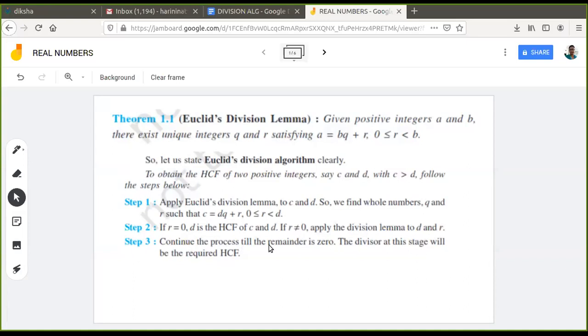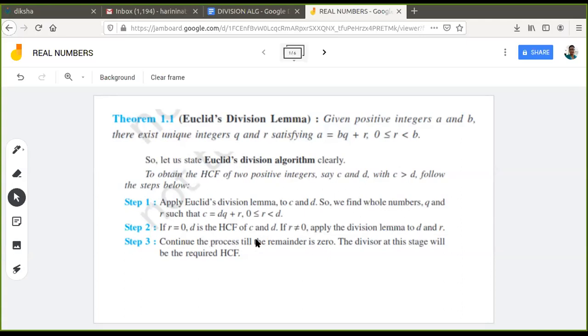Now continue the process till the remainder is 0. You should keep on doing the same thing. If R becomes 0 in the second step, your divisor will become the HCF of the given 2 numbers. If it is not, then you go to the next step. What is the next step? You make the new remainder your divisor and the previous divisor becomes your dividend.